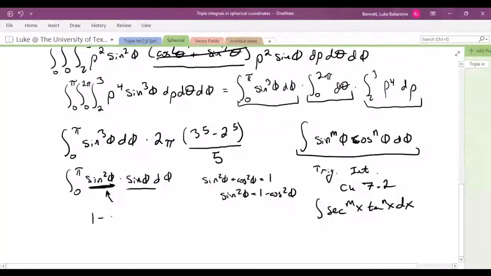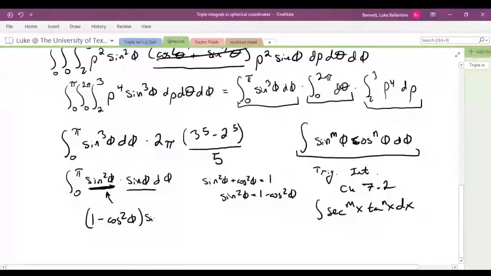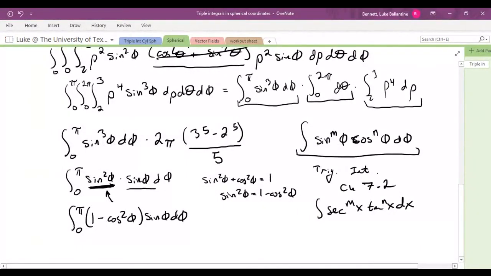So we have 1 minus cosine squared phi times sine phi d phi, integral from 0 to pi. What do I do now?